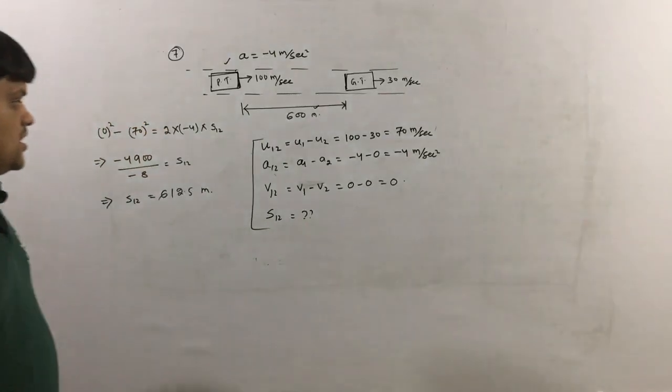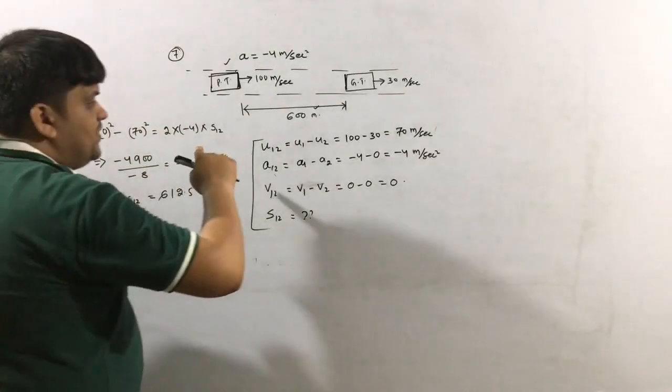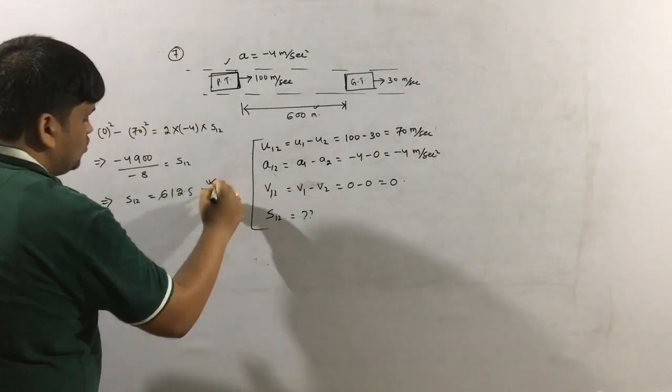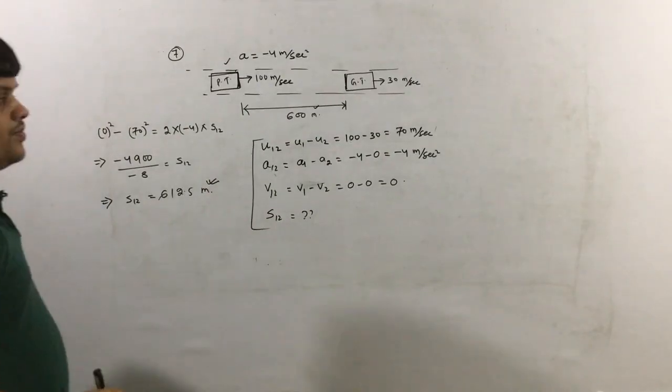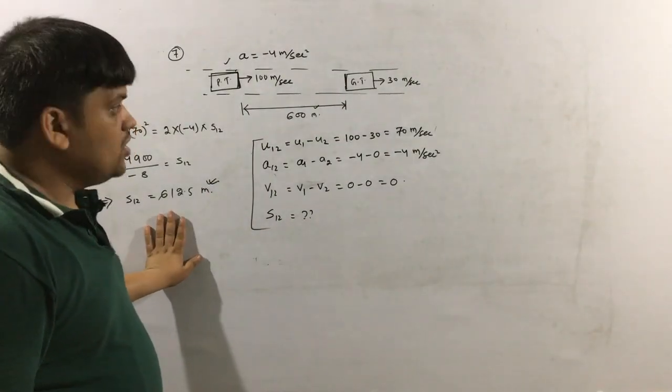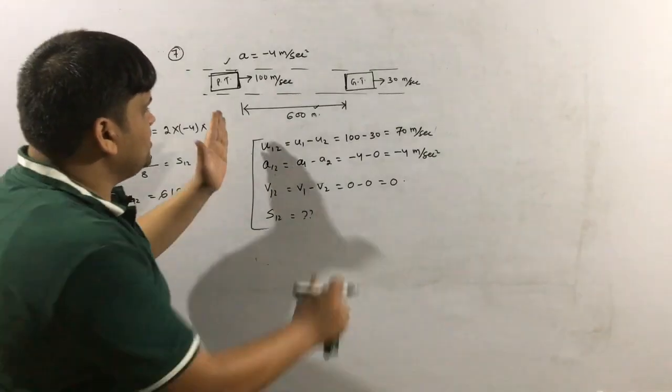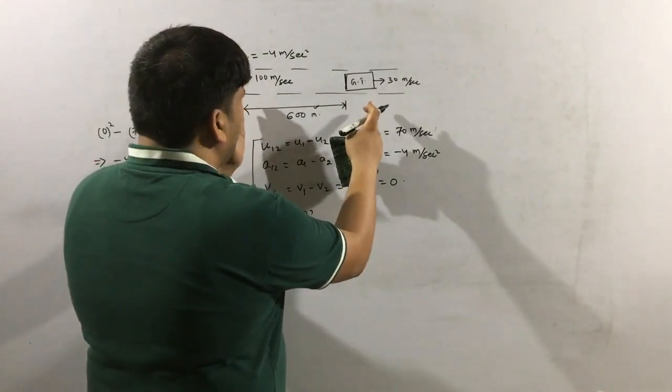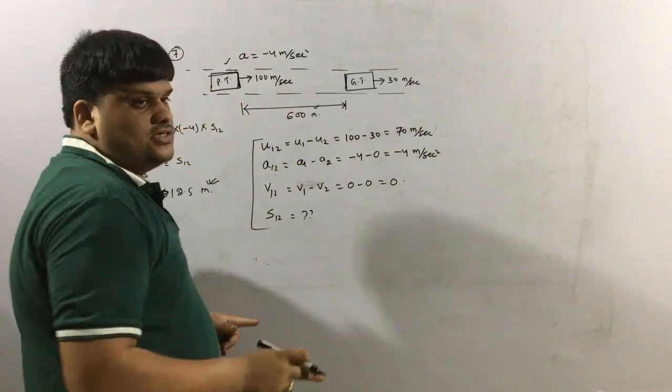It means that if the distance is 612.5 meter, then there will be an accident. Or I can tell if the distance is 612.5 meter, then there will be an accident.